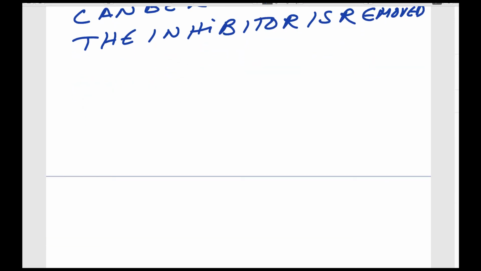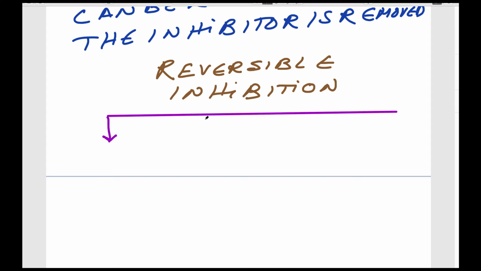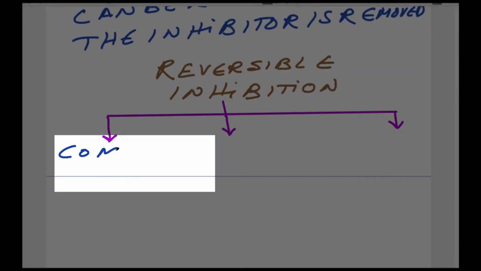Let us talk about the various categories of reversible inhibition. Again, three categories are there. The first one is competitive.